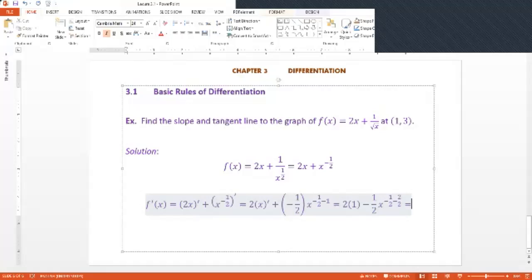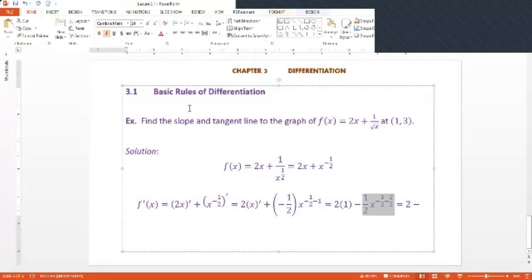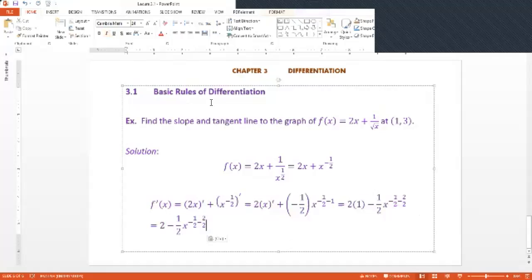So the first term is 2 again, minus half x to the what? When you subtract 2 from negative 1, you get negative 3.